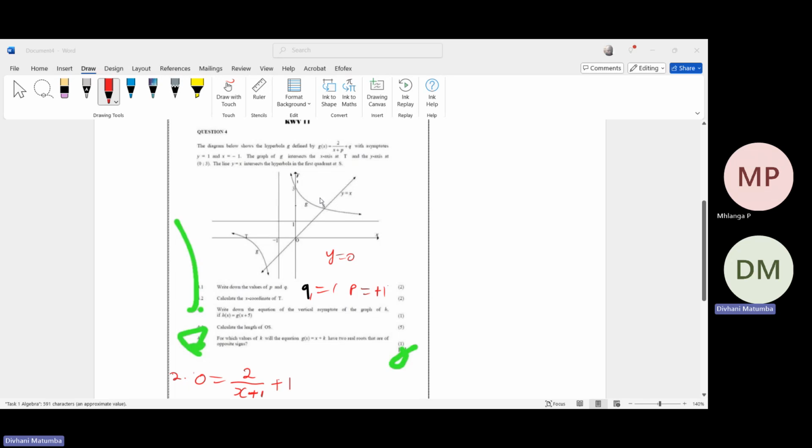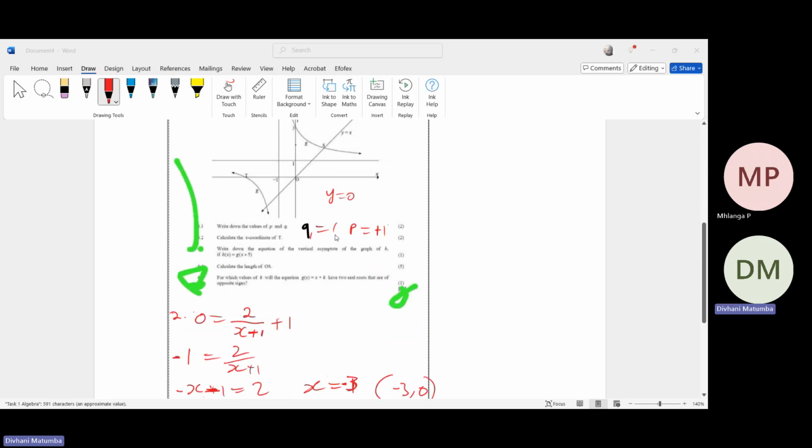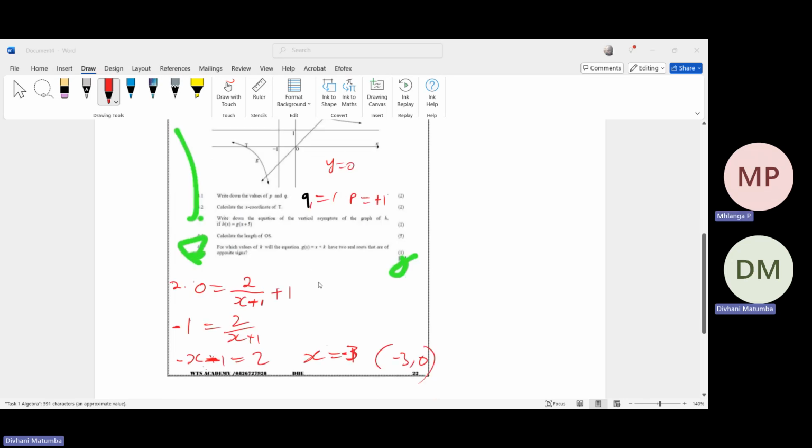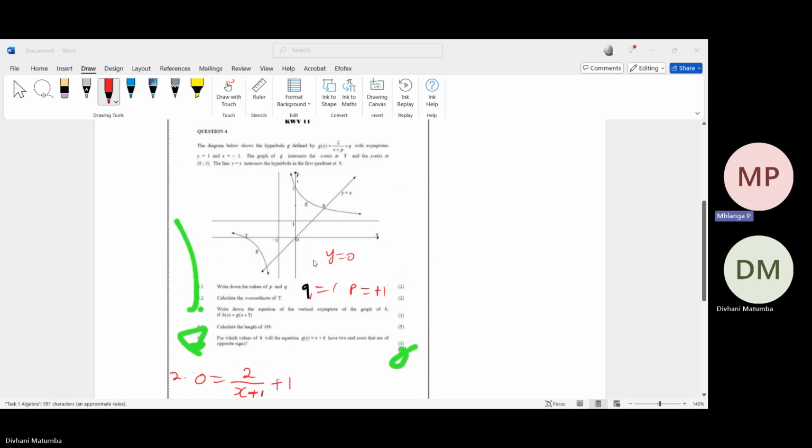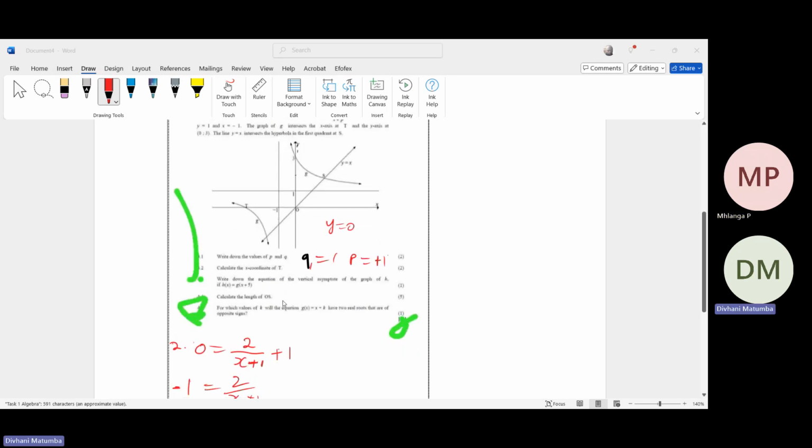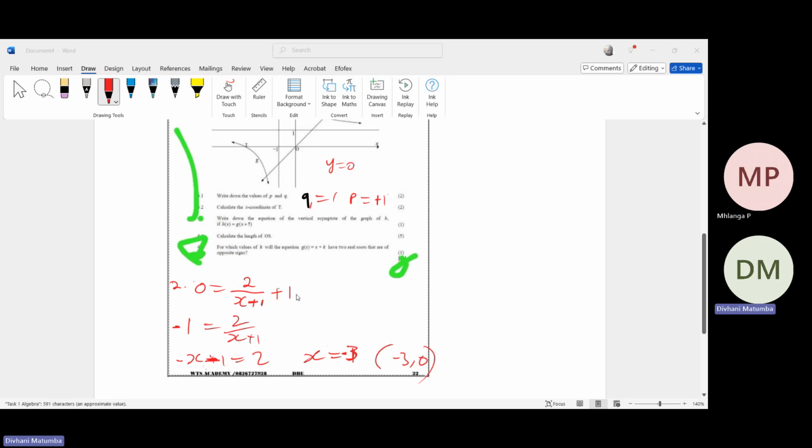Is it minus 8, or which one is minus 8? It's minus 6. The asymptote is moving by 5 units. Now it's minus 1, so 5 units gives minus 6. Yes, minus 6, because I heard you saying minus 8.